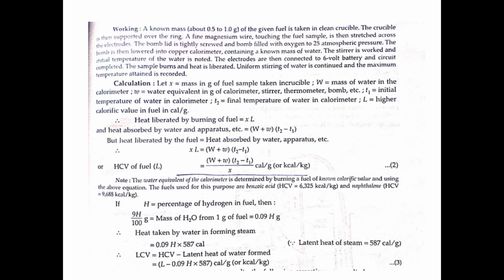For measuring the lower calorific value, the formula is HCV, that is the higher calorific value, minus latent heat of water formed. This is the formula for measuring the calorific value through the bomb calorimeter.